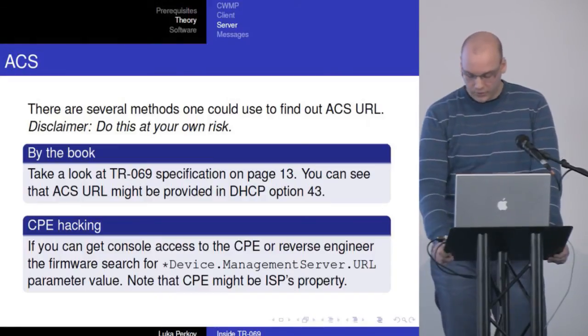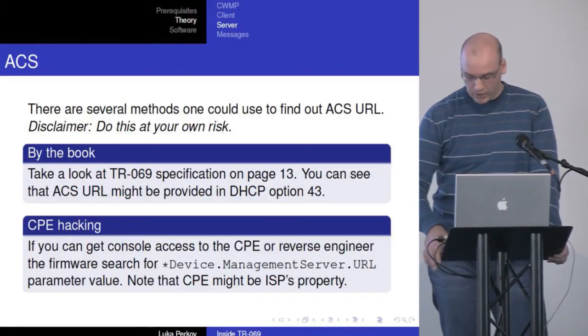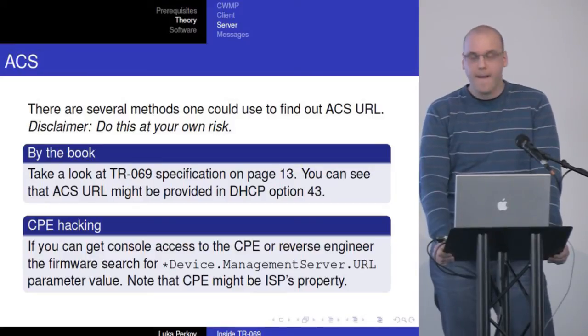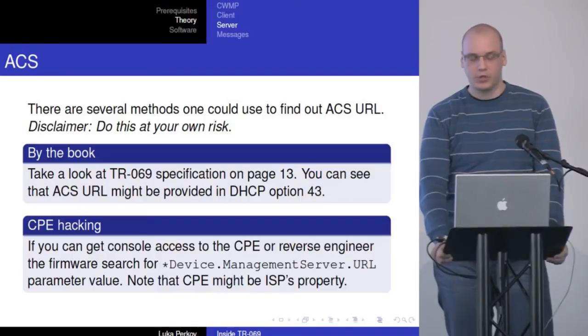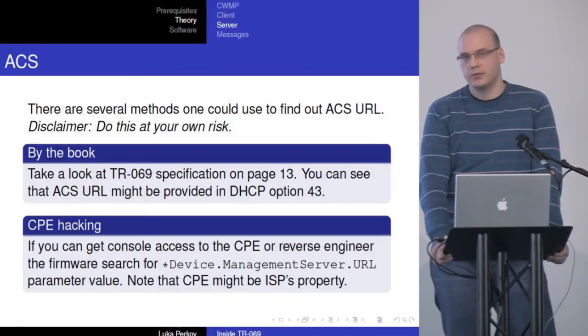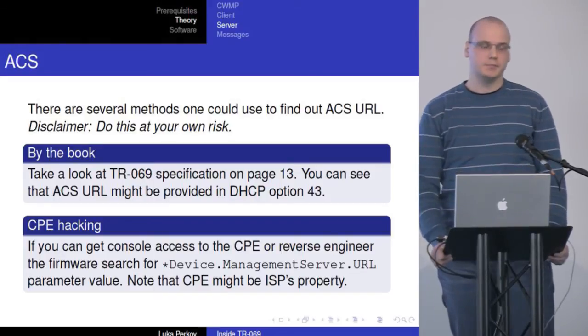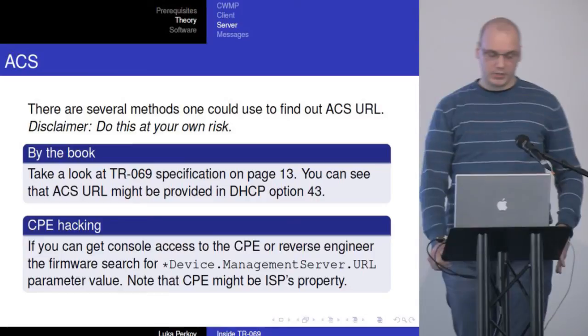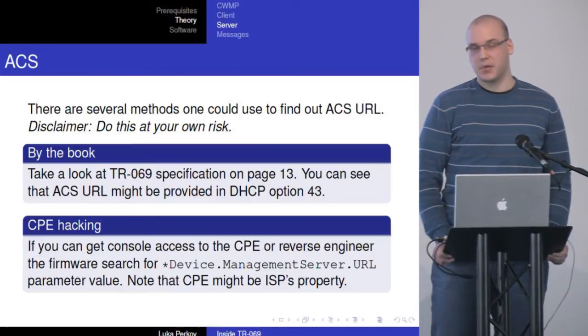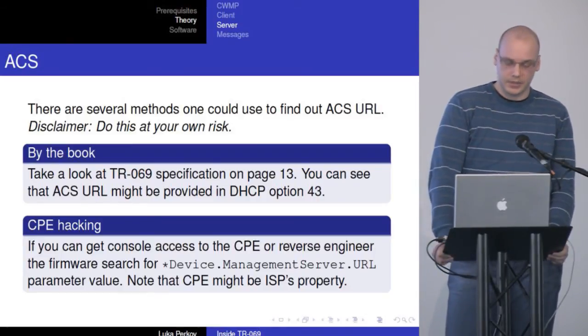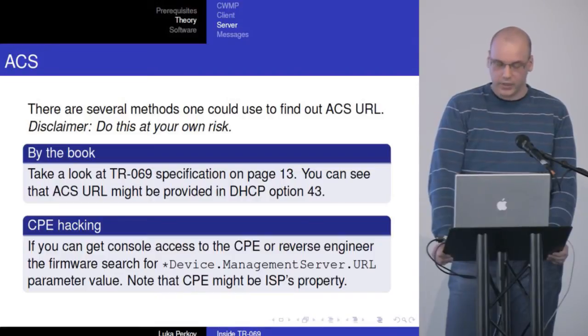So for a customer or a hacker, if he would like to see your ACS or communicate with it, he would first need to find the ACS URL, and it depends on how you have implemented it. I have written down here two methods. First is by the book: there is DHCP option 43, which can contain the ACS URL.